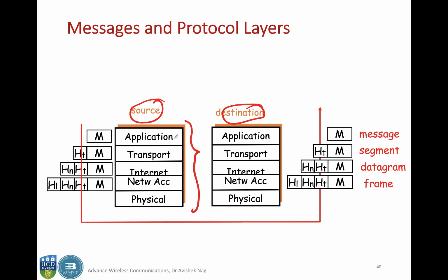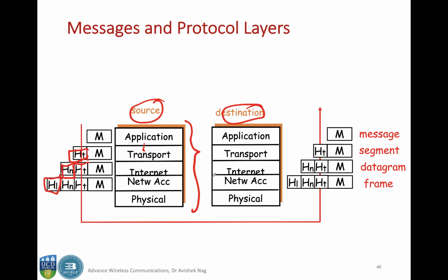You as a user, let's say you are using an email application and you are sending an email. The email message then goes through the transport layer, and the transport layer header is added. Then it goes to the internet layer, so another network layer header is added. Then it goes to the network access layer, so another header is added.